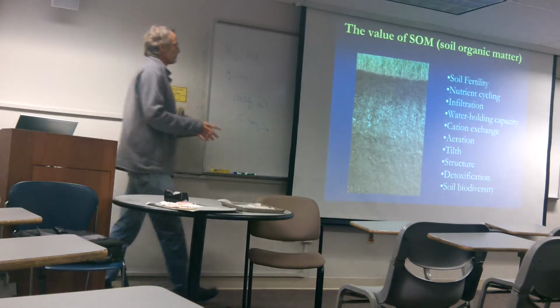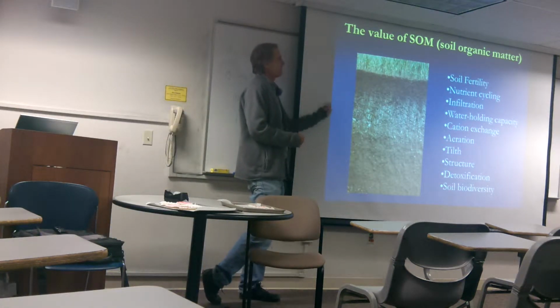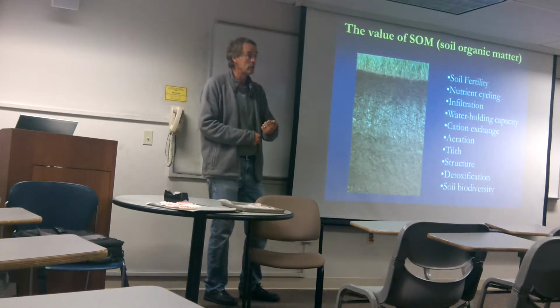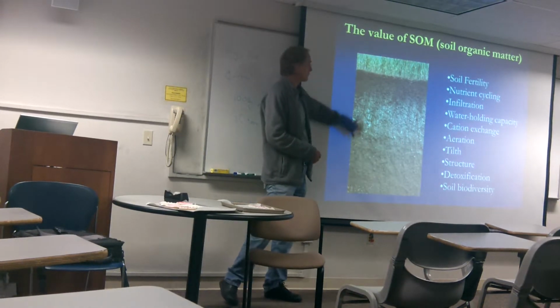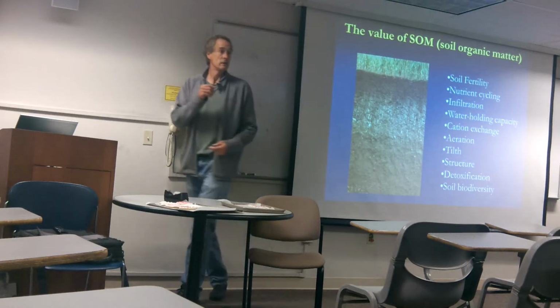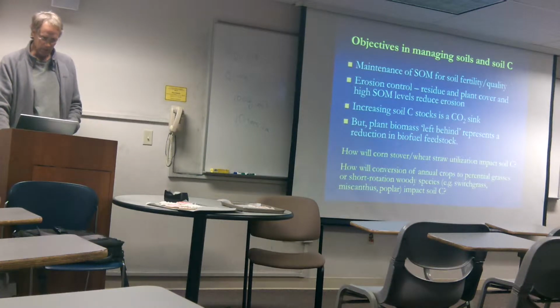So just the point about this was, if we're thinking back to the sustainability, the carbon balance is important for the CO2, but the soil organic matter status is also very important for ecosystem health and lots of other things that you might include in this kind of sustainability stuff.